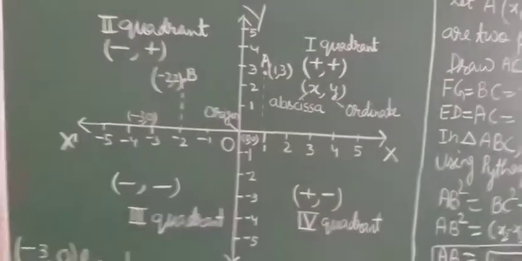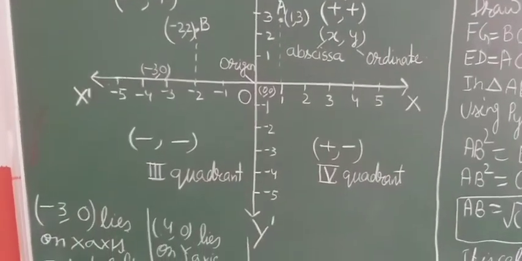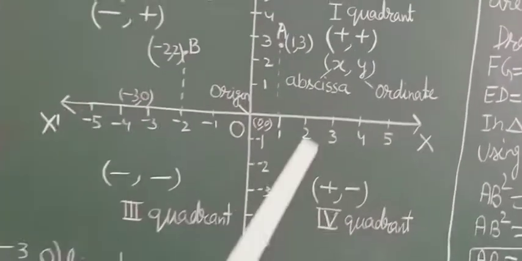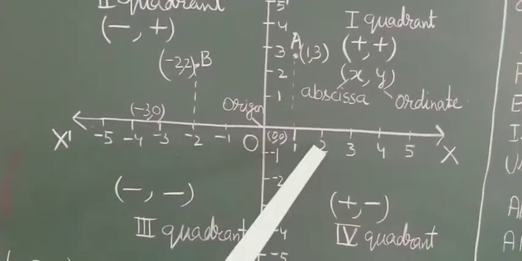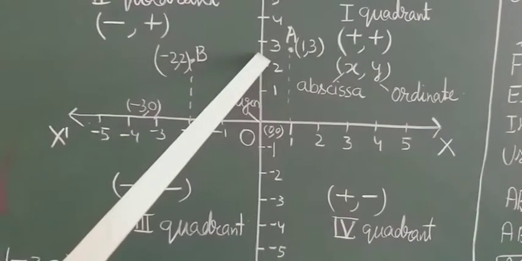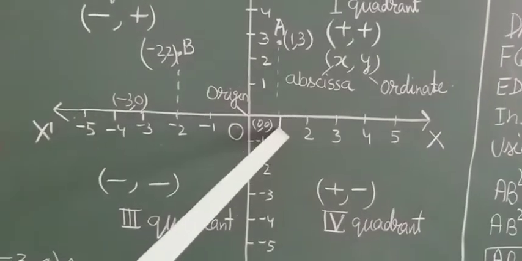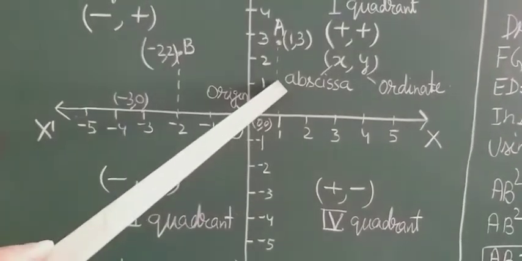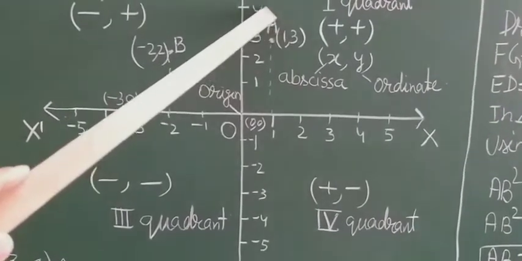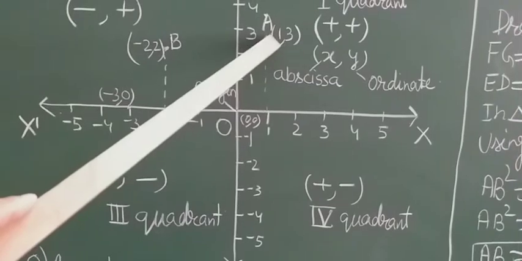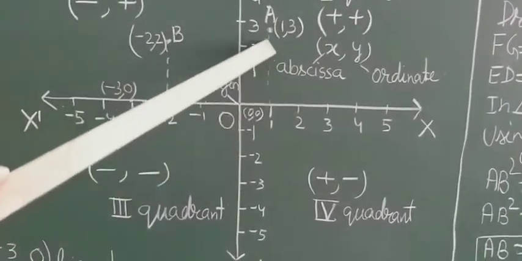Okay students, so we can plot points here, x and y. For example, the value of x is 1 and the value of y is 3. So in front of 1 on the horizontal axis we check for 3. So this is point A, students, its coordinate is 1 comma 3.